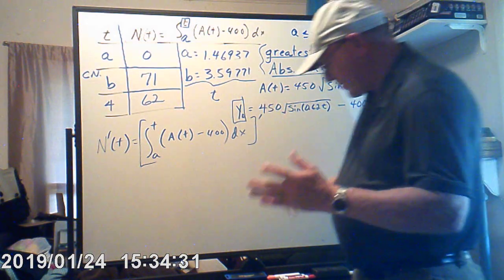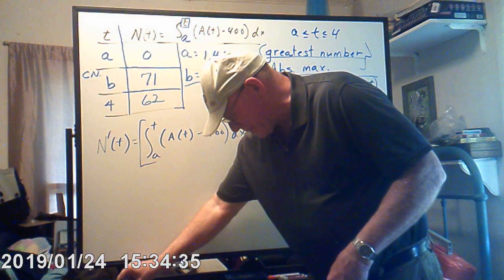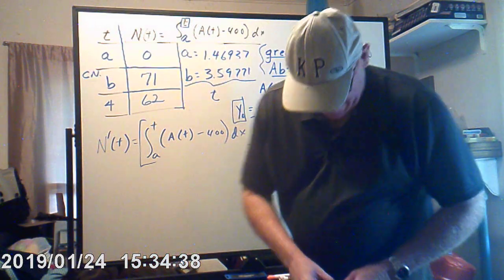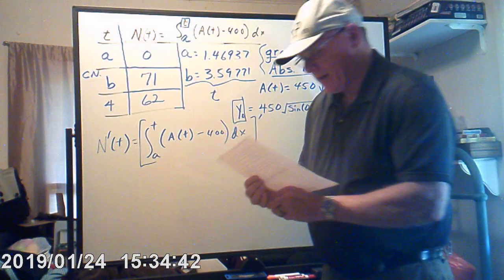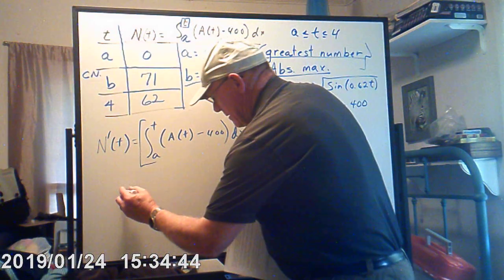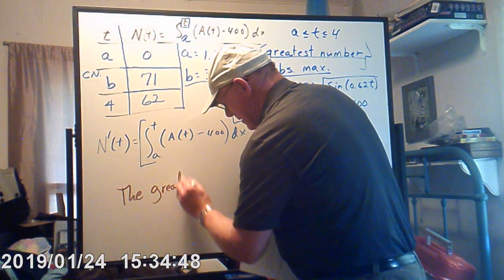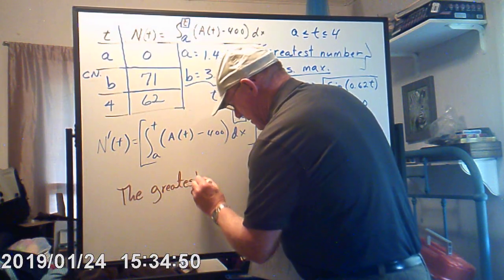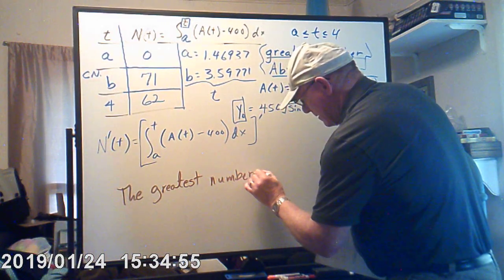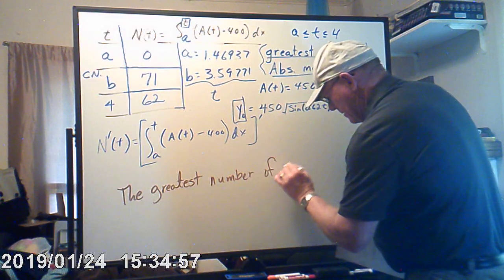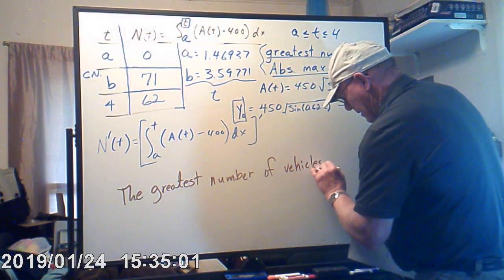Now, the answer, of course, we need to write it down, don't we? We need to make it official. So, let's see. The question is the greatest number of vehicles. The greatest number of vehicles at time t.